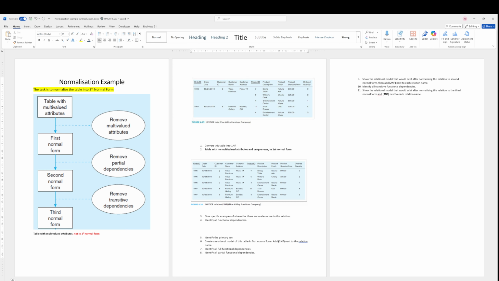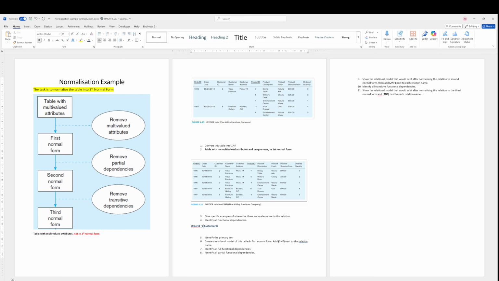So what I'm going to do is start writing that. Order ID, I'm just going to bold this one and make it blue. So the order ID will determine the customer ID.